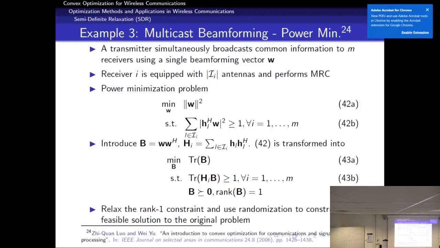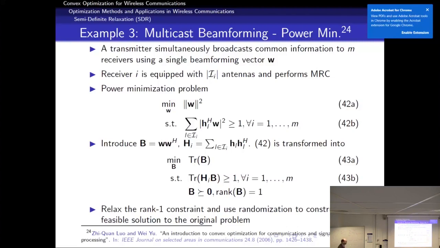I call this H_l there. Now this is a trace of W Hermitian H_l W, and now this is a trace of W W Hermitian H_l. And this is a matrix, Hermitian, positive semi-definite, with rank 1. So I will write this as a semi-definite matrix. That's my B there, and I will impose this to be rank 1.